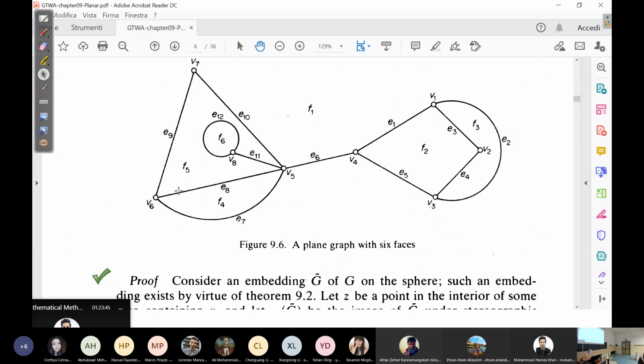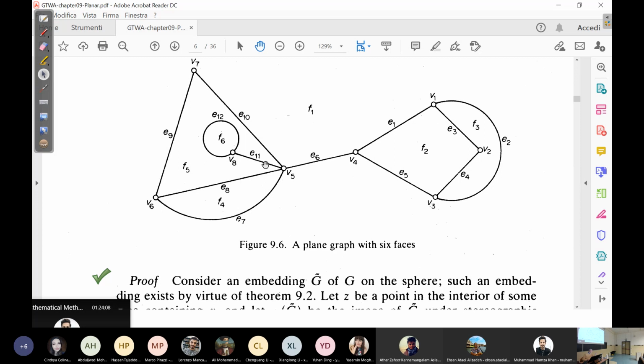Here things are a little bit more complicated. For F5, I can go E9, E10, be careful, E11, E12, again E11, and that's because E11 is a cut edge, and then E8 and coming back to the original vertex.